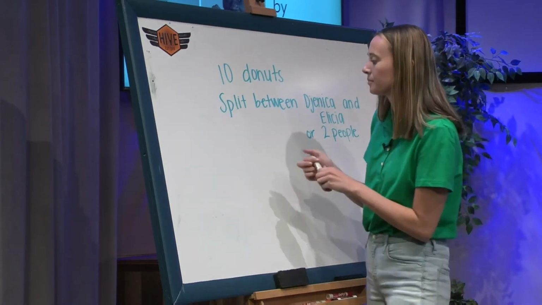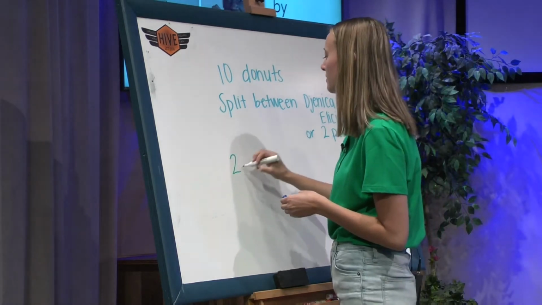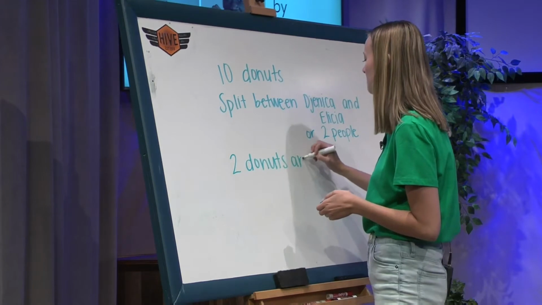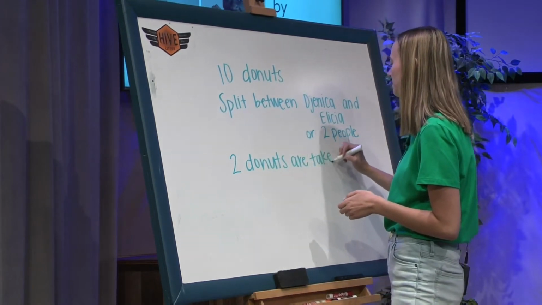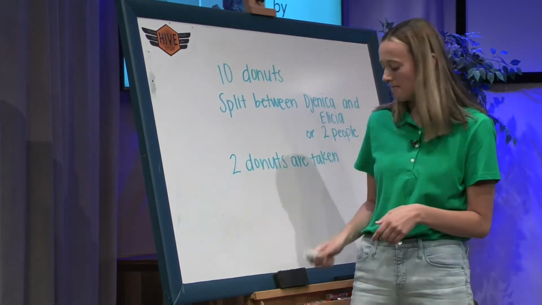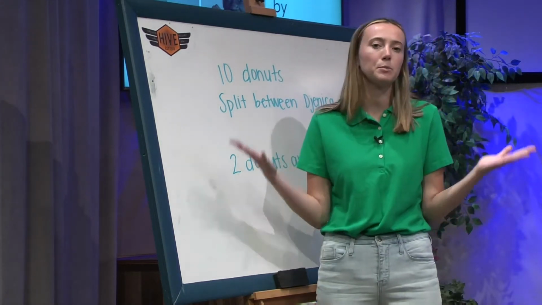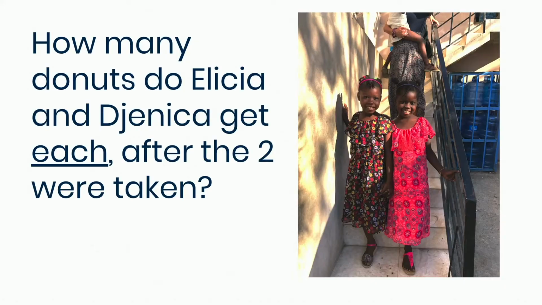So 2 donuts are taken by Juvinky and Robinho. Okay, and now let's slide to figure out what this problem is asking. So our problem is asking, how many donuts do Alicia and Jenica get each after the 2 were taken?